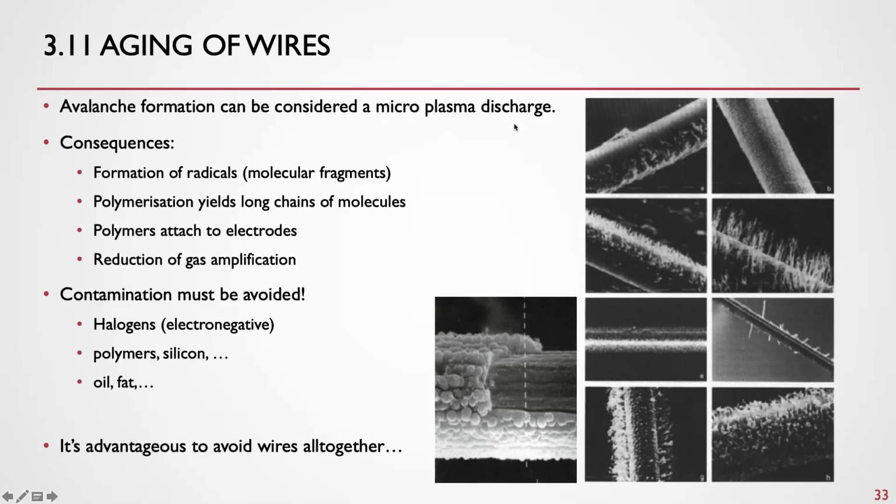The avalanche formation can be considered like a little bolt of plasma. There is a plasma discharge close to a metallic surface, which can trigger all sorts of chemical reactions at a small rate. But if the occupancy is high and after a long time radicals can form, then polymerization can happen.